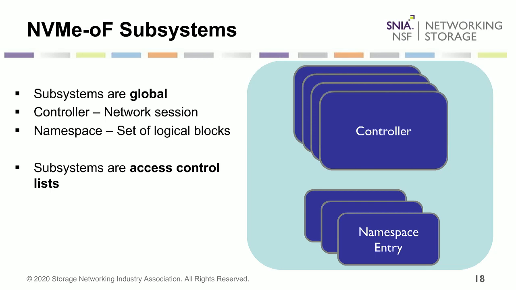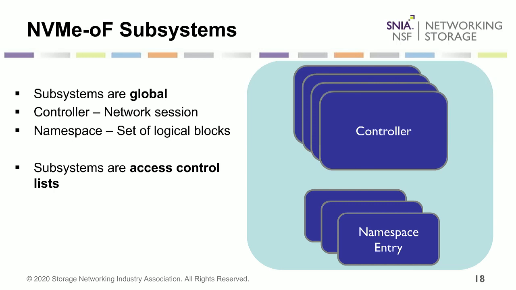Basically, they have an array of valid namespace IDs that point at a real namespace. And so a namespace is a set of logical blocks indexed from 0 to n. In NVMe-over-Fabrics, a controller is just a network session, and these are actually transient things, very unlike a physical NVMe device where the controller is like an actual chip soldered onto the board. These are transient things that are established whenever a new host client connects. But they sort of present themselves as if they were physical controllers, and they emulate all the register state that a physical controller would have.